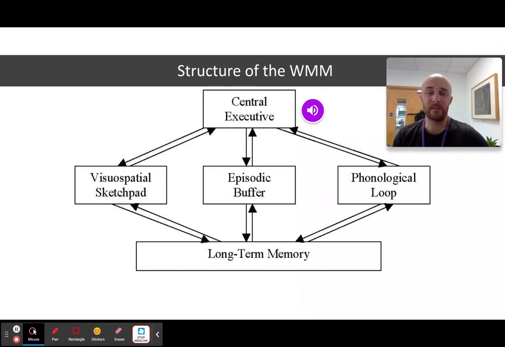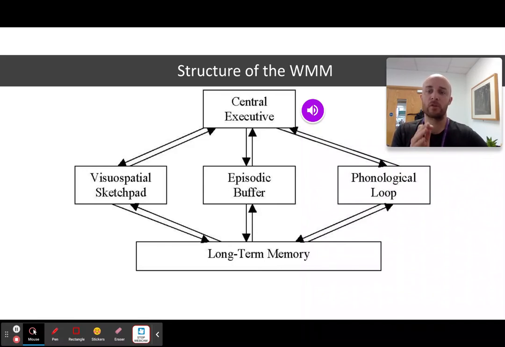One piece of advice for this theory: don't think about this as memory. I know this is the working memory model, but working memory is not so much about what you can remember. It's more about how you are processing information coming in through your senses. And I'll say that again because it's quite important.